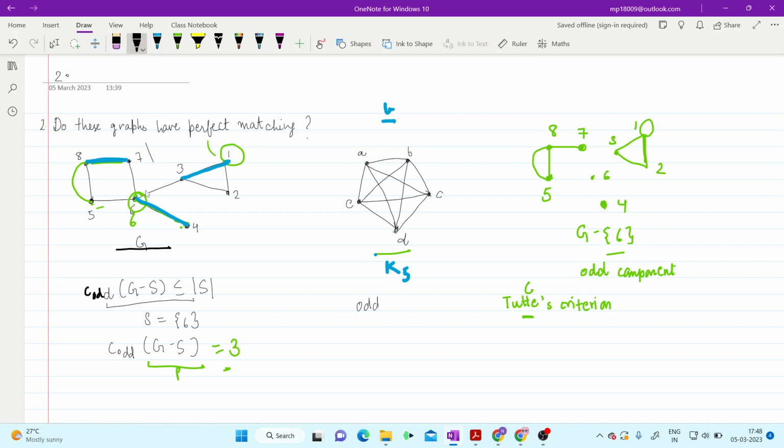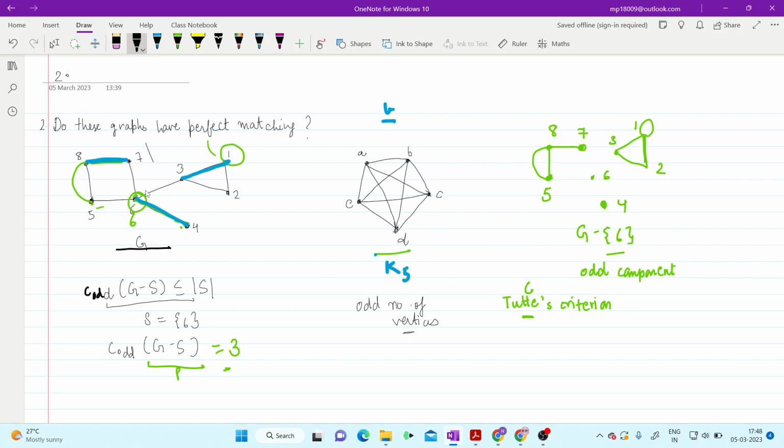In any matching, we are basically constructing a disjoint union of edges, so if we consider any matching, one vertex will always be left out. Therefore this graph cannot have a perfect matching. Any simple graph with an odd number of vertices cannot have a perfect matching.